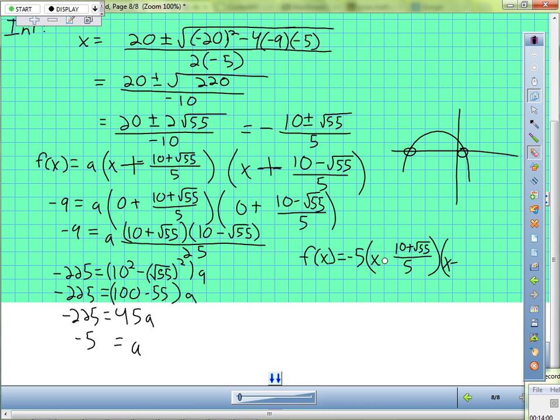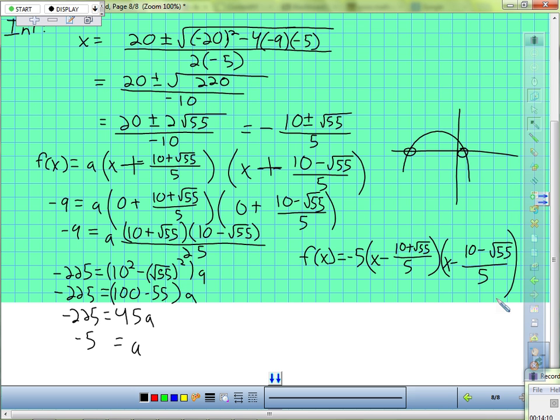This is the minus here as well. Minus 10 minus radical 55. Oh. You're giving me a weird look on it for a good reason. I fixed it the first time, fixed it back. Sorry. Okay. Good catch.